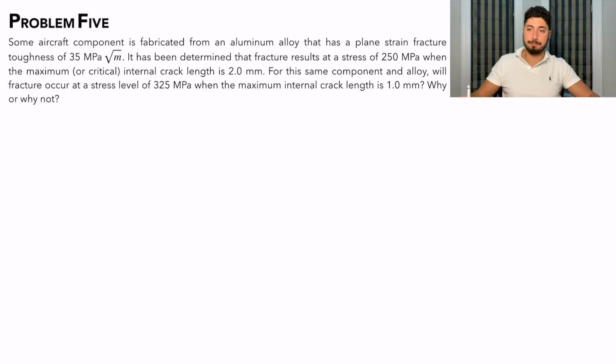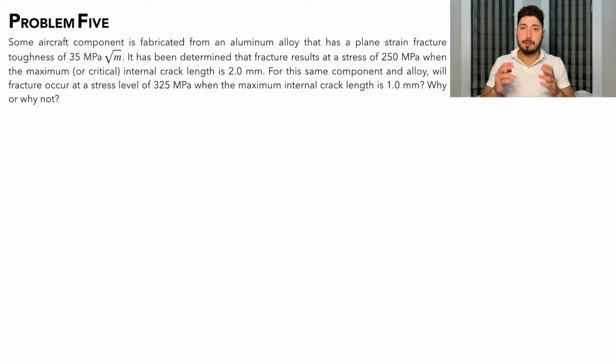Why or why not? So this is a very typical exam problem. All you have to do is compare this fracture toughness that you know, that would be somewhat from a data sheet, to a test that you're performing on the same component with different test conditions. So we need to establish an inequality.